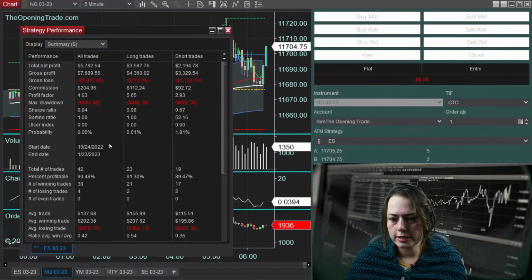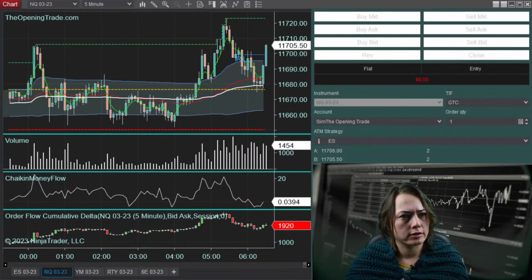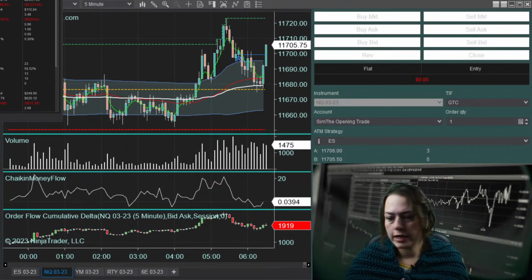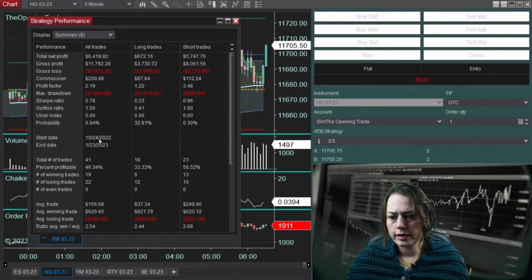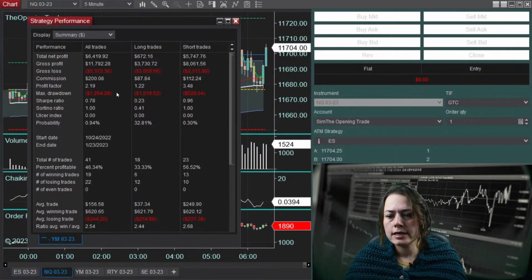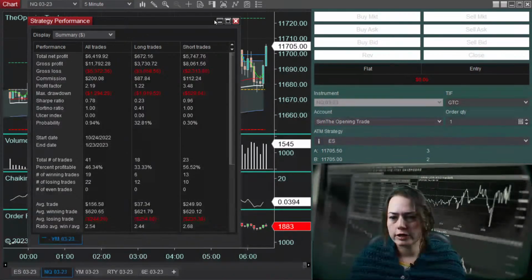Again, start and end date shows the 90 days backtest, max drawdown, gross loss, gross profit, net profit. Then we have our YM chart right here. Again, same thing, start and end date, show the last 90 days, max drawdown, gross loss, gross profit, total net profit.